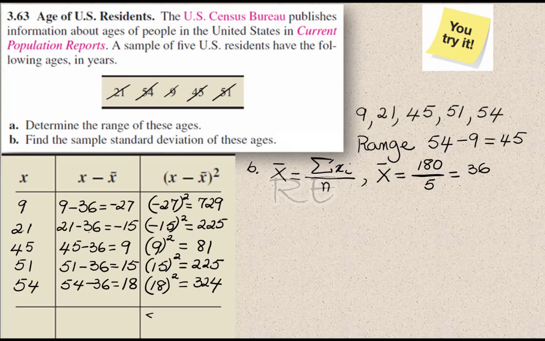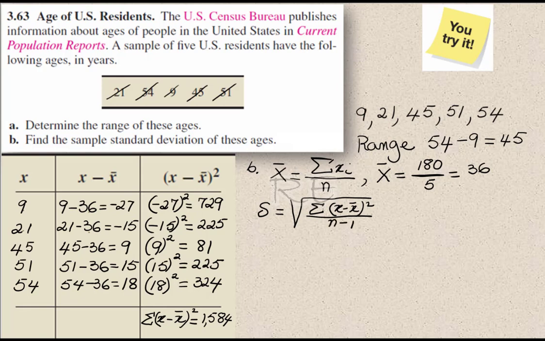The sum of squared deviation, when we add all these, we're going to get 1,584. Now the sample standard deviation is equal to the square root of the sum of squared deviation divided by n minus 1.